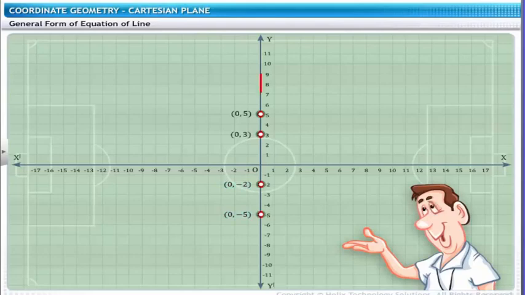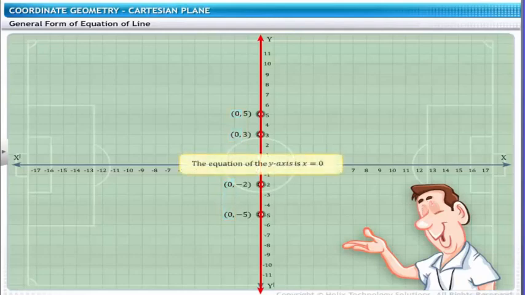If you join all these points, you get a line which coincides with the Y-axis. This is because all these points lie on the Y-axis where the value of the X coordinates equal to 0. In other words, the equation of the Y-axis can be written as X equals 0.